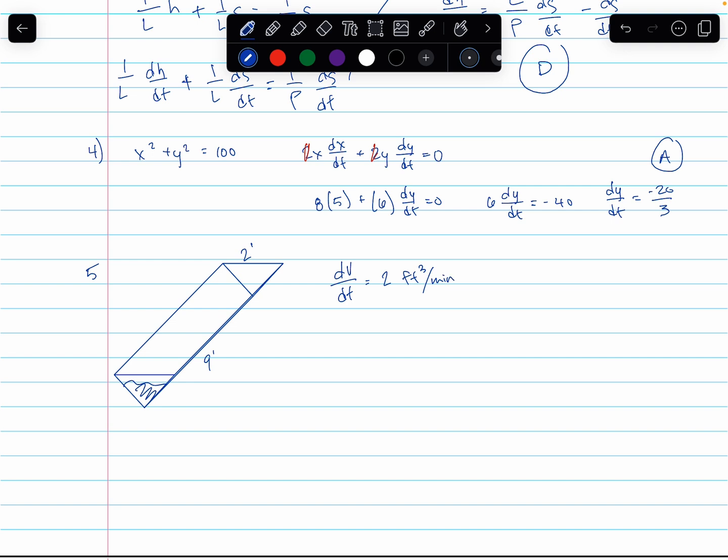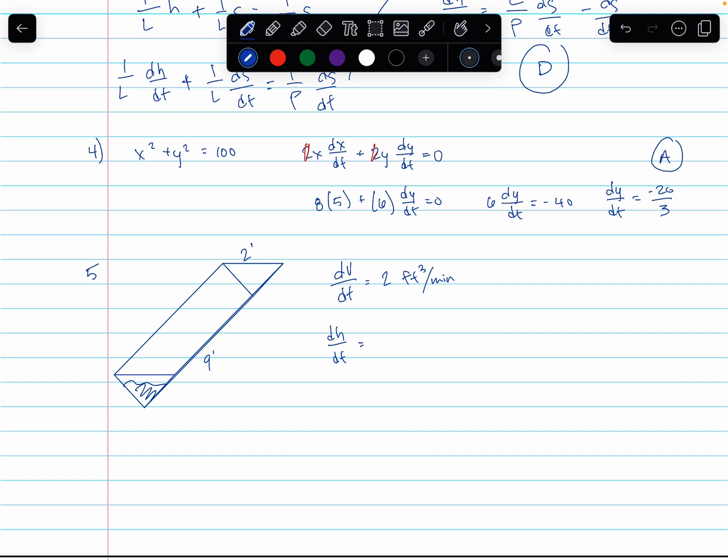At what rate is the height of the water in the trough changing 2 minutes after the water begins to flow? So dH/dt is what we're trying to figure out after 2 minutes.